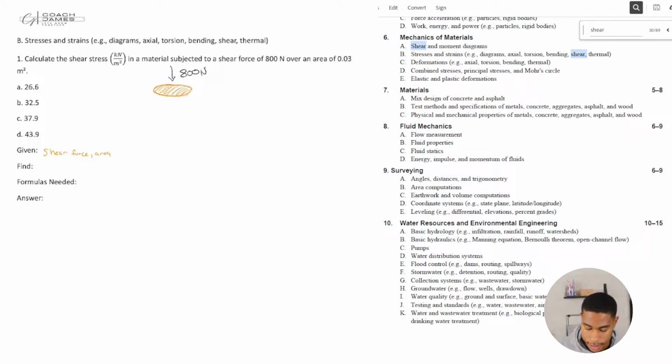They just want us to find the stress acting on that, and that's typically a force over an area. They want our answer to be in kilonewtons per meter squared.